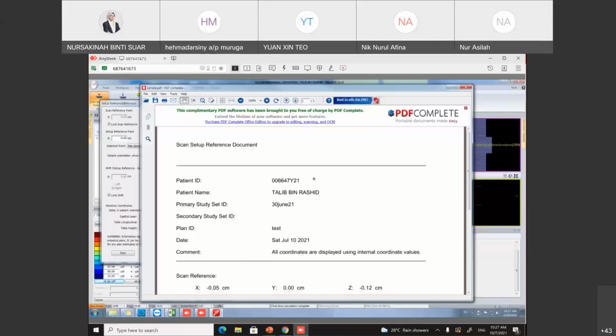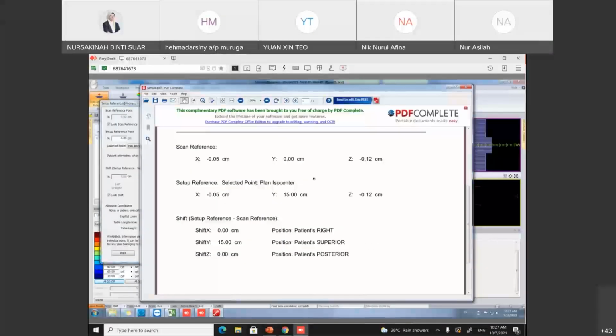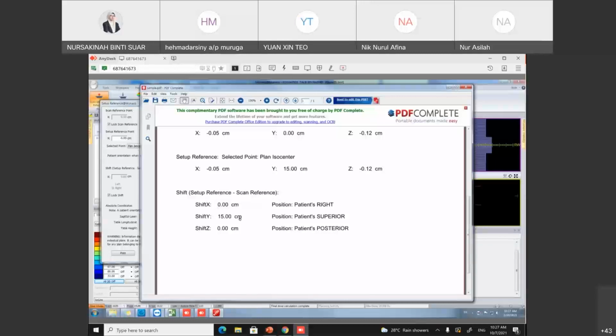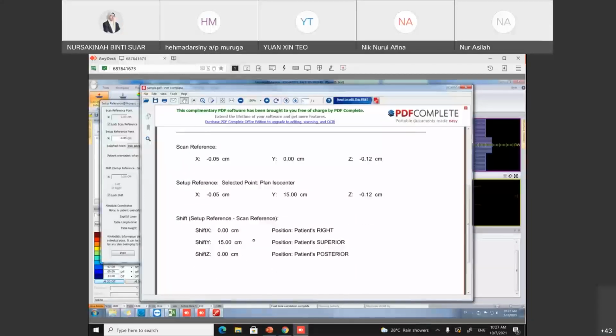Okay, so the radiographer will shift the patient according to this. Of course, it's very important that you make sure your scan reference, the origin, is correct, and the plan isocenter point is correct.